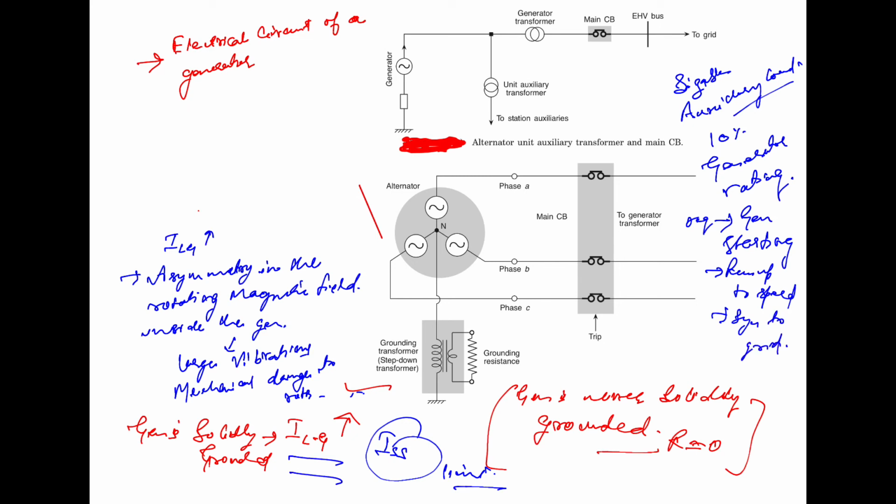So there is a switching facility to energize this unit auxiliary transformer directly from the grid. So that is required.